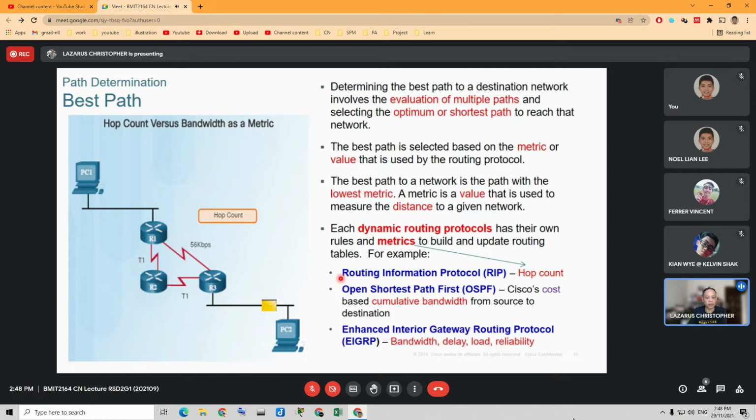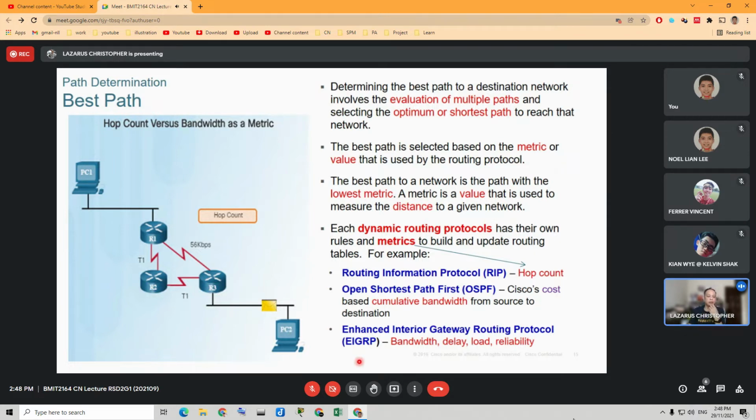Example. So here we see we have three. The first protocol is called Routing Information Protocol, or RIP. The second one is Open Shortest Path First, or OSPF. And the third one, we're going to look deeper at later. It's called Enhanced Interior Gateway Routing Protocol. A bit long-winded, right?